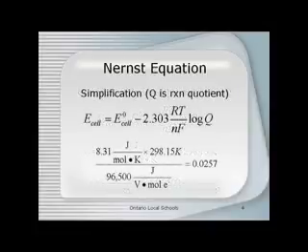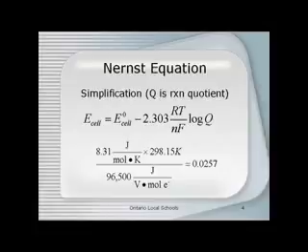Now let's look at a simplification of the Nernst equation. Here we have E of the cell is equal to E of the cell under standard conditions minus 2.303 times RT over nF times the log of Q. Notice we have converted from a natural log to a base 10 log.